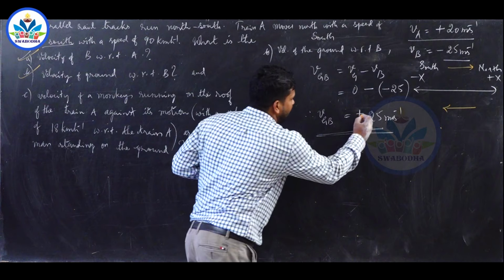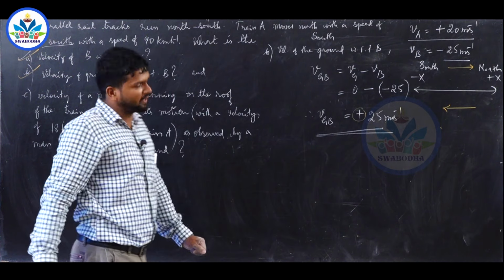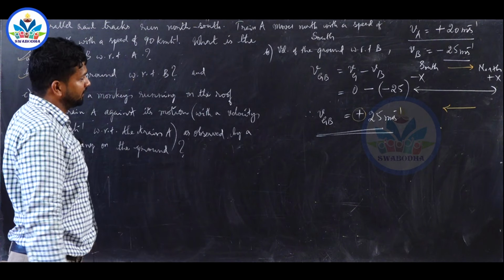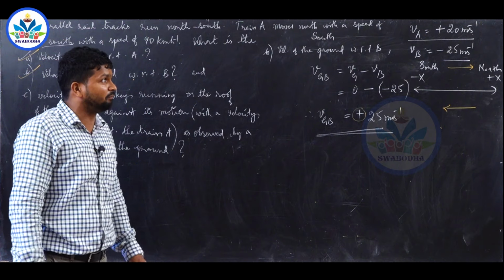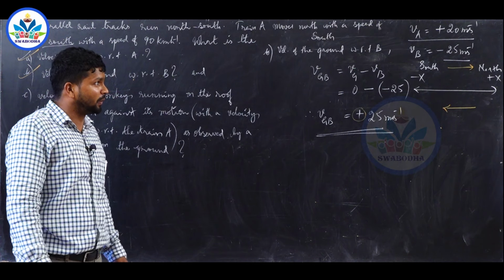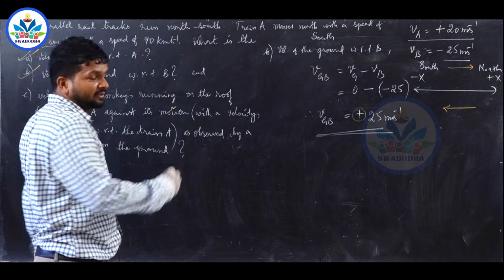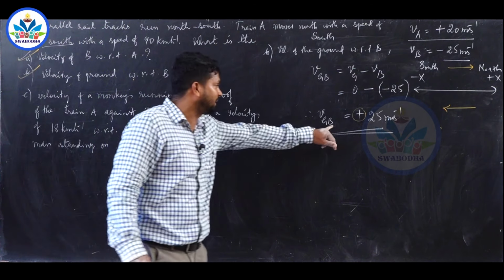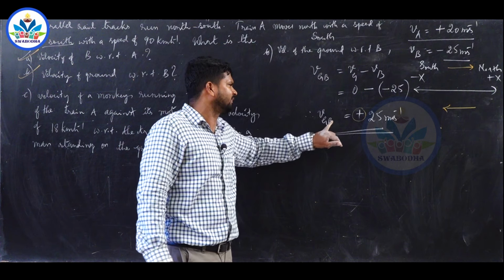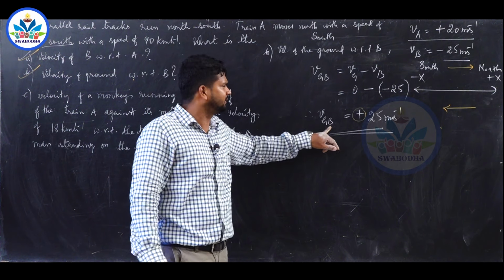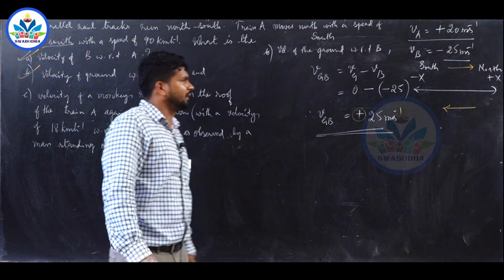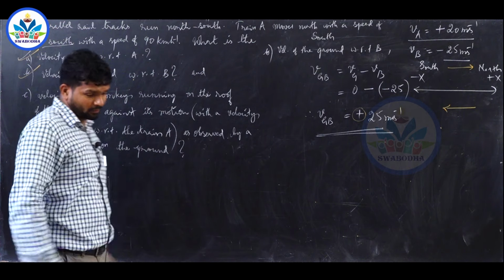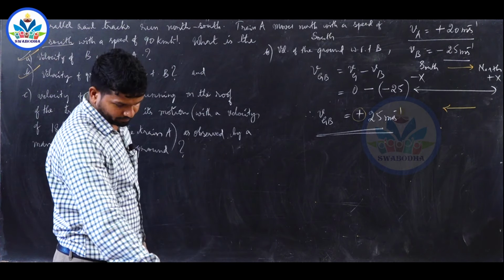So here VGB, the ground appears to move with 25 meter per second from south to north in the positive x direction, but ground is at rest, no doubt. But for an observer in the train B, you might have experienced this. So this is the beauty of relative motion between the two objects.